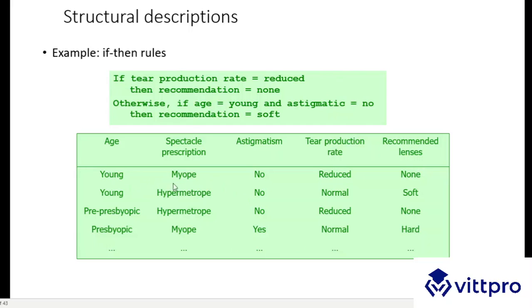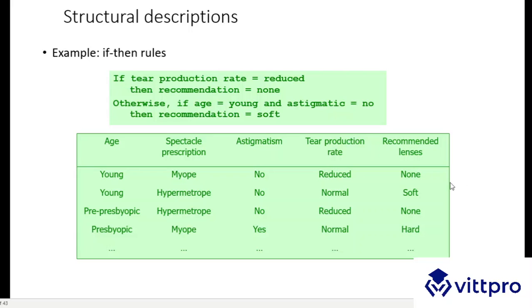Then the system will be able to identify a pattern. In this case the pattern is, if the tear production rate is reduced, then the recommendation is none, because in both the cases where you are not able to recommend a lens, the tear production rate is reduced. So one variable is the tear production rate.